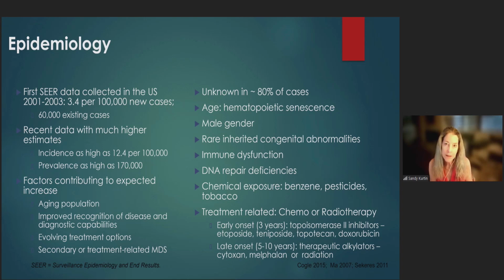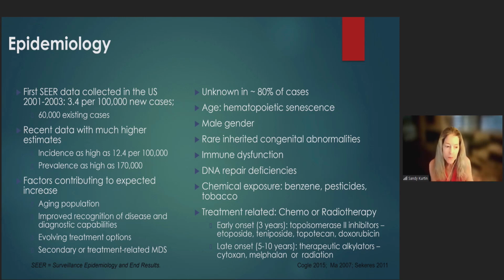We know that largely it's underestimated as we have an aging population, and that we are becoming more sophisticated in our ability to recognize the disease. So hematopathologists are learning along with all of us in how to recognize these diseases morphologically and then how to categorize them.